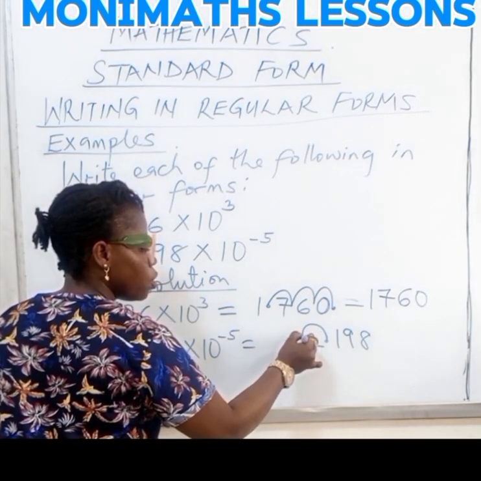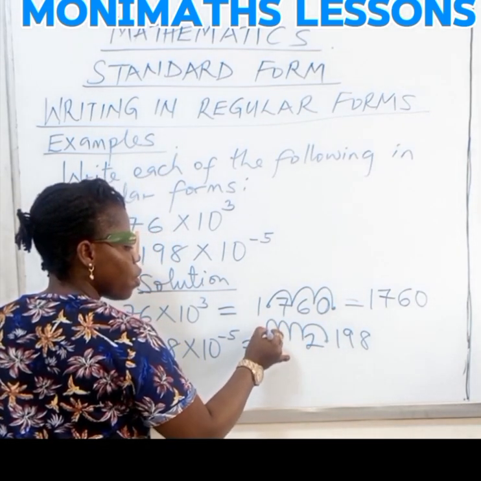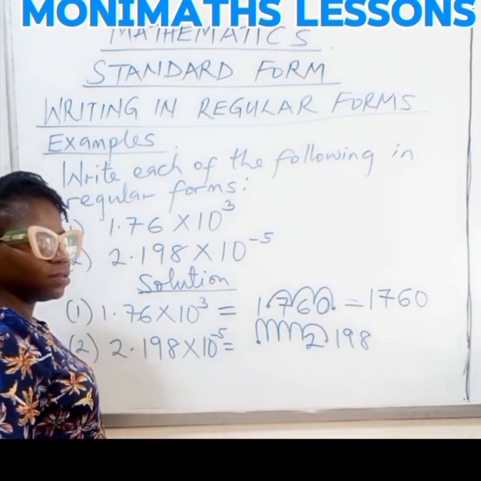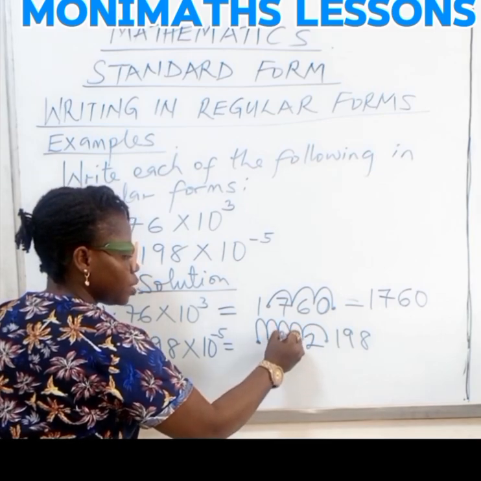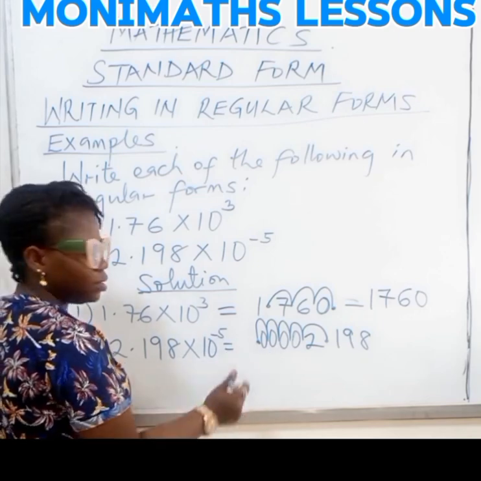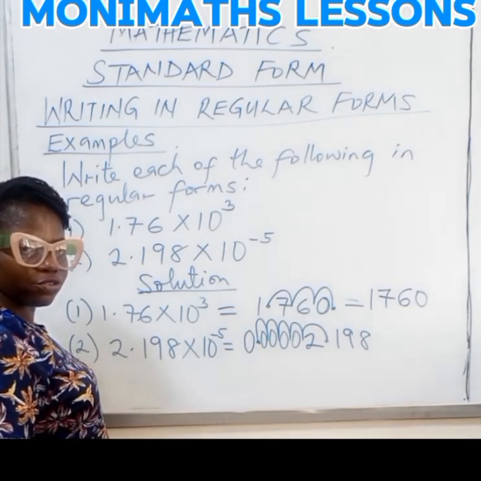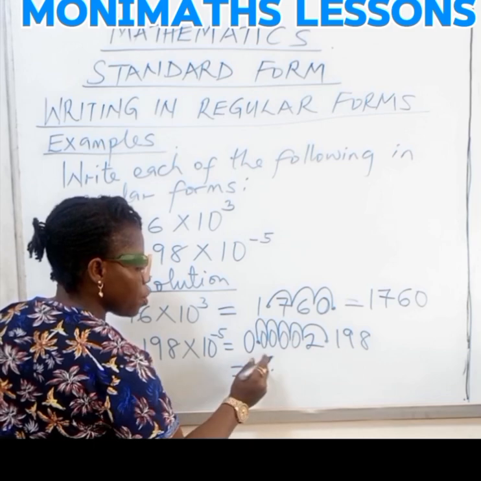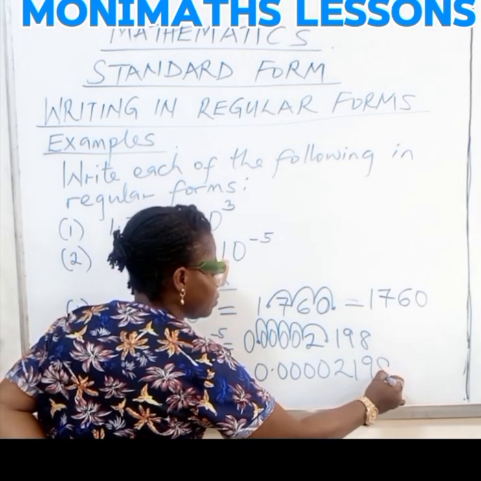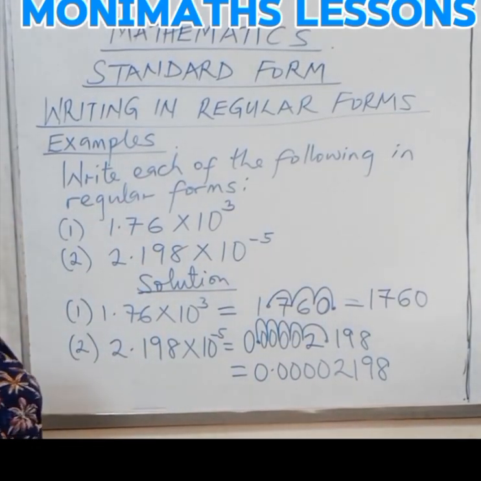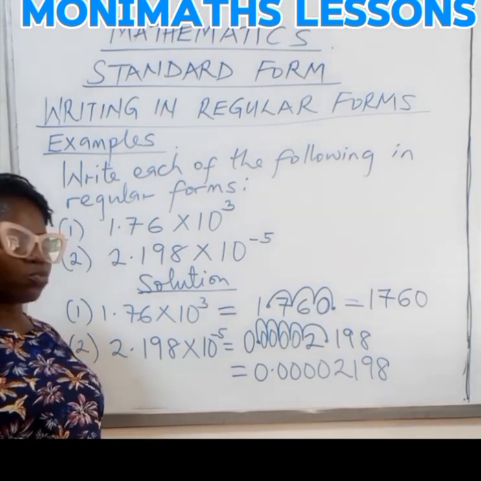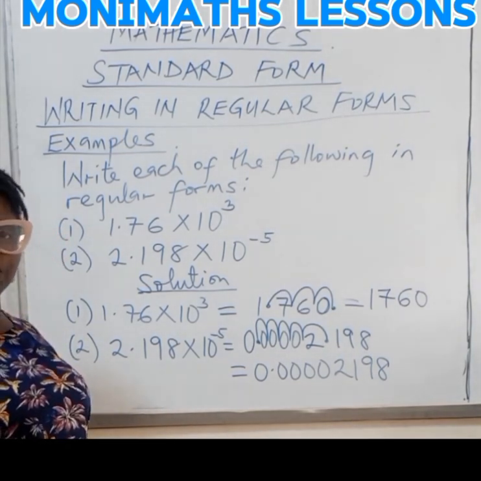Moving from here, 1, 2, 3, 4, 5. The empty spaces are going to be occupied with zeros. 0, 0, 0, 0. And to precede the decimal point, we are going to have 0 as well. That means we have 0.000298. And that is the decimal fraction that generated 2.198 times 10 raised to power minus 5 in standard form.